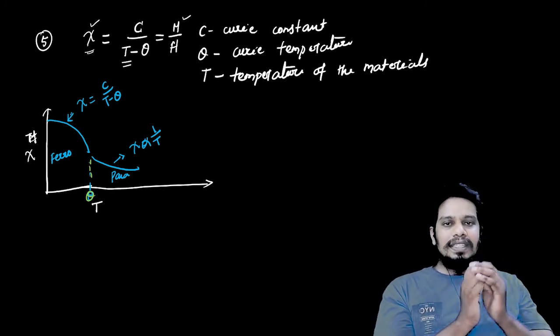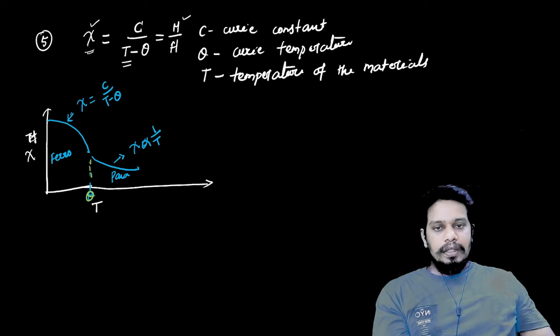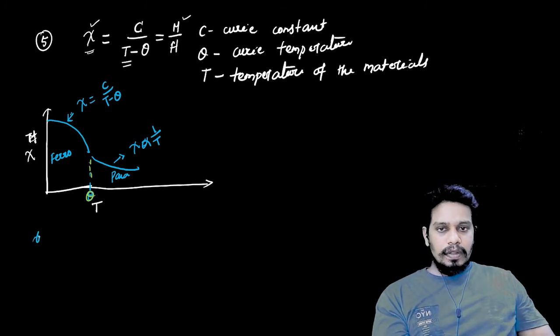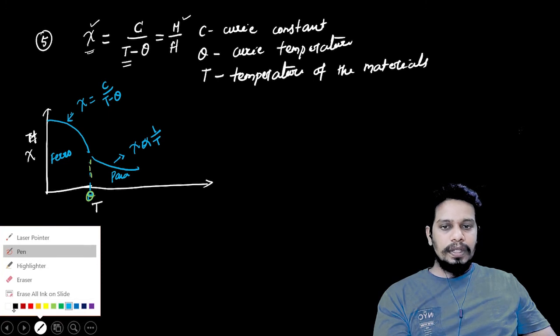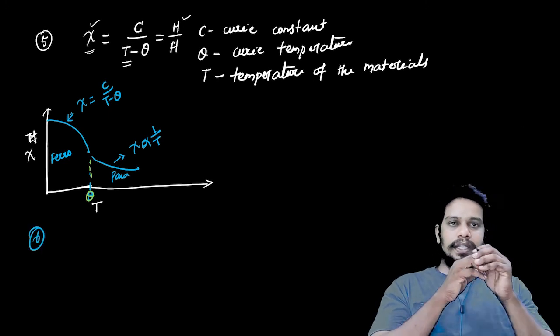So theta is the transition temperature. These are a few important properties of the ferromagnetic material.